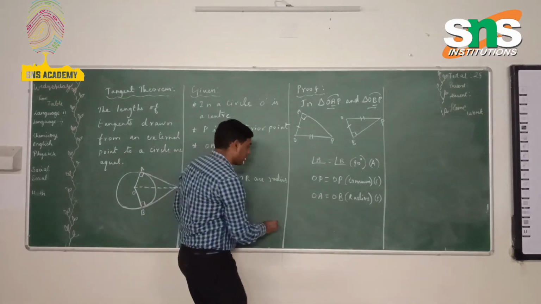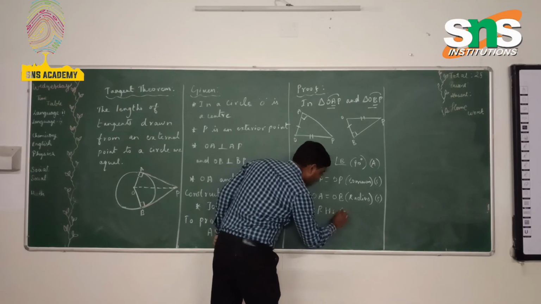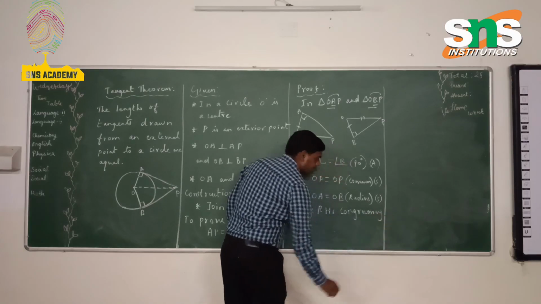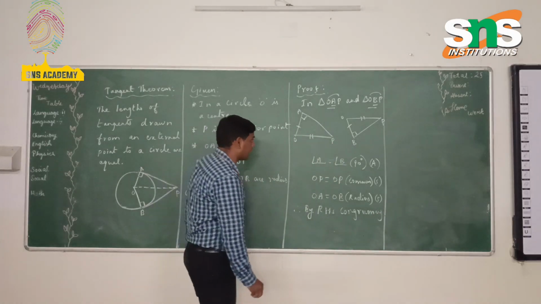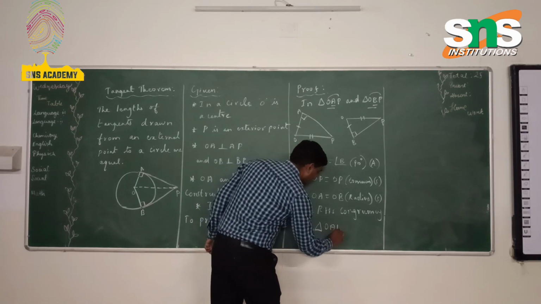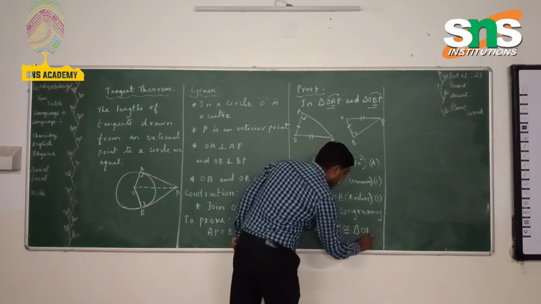Therefore, by RHS congruency, triangle OAP is congruent to triangle OBP.